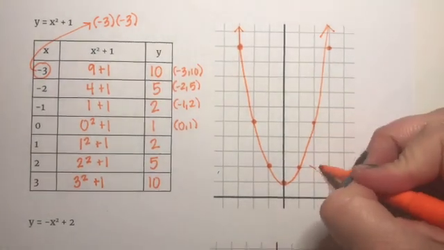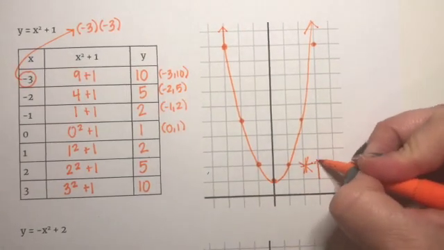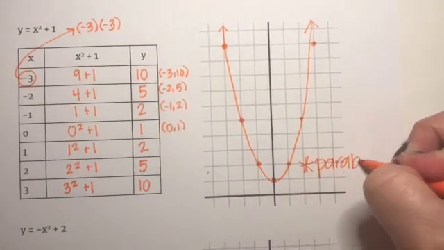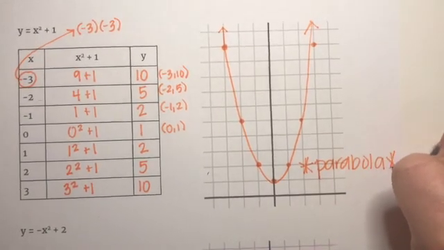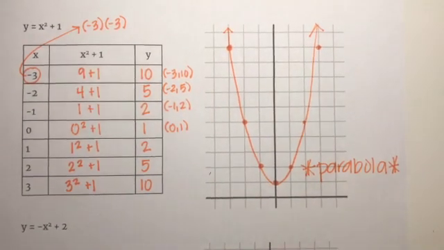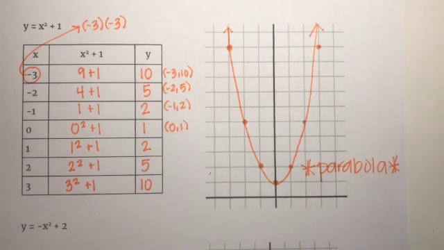And what we just graphed, it's a big fancy word, called a parabola. Okay, that is a parabola. And anytime you have a function or an equation that has an x squared in it, your graph is going to make a parabola every single time.